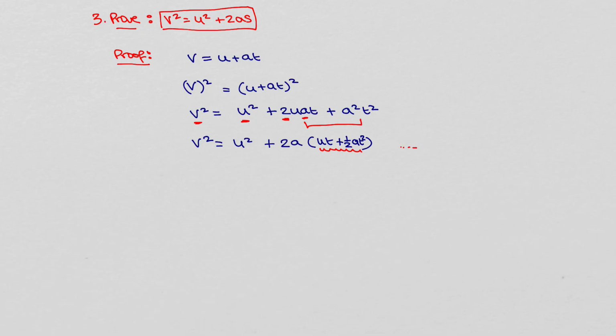So s equals ut plus a half at squared. So of course that leaves us with exactly what I'm looking for. v squared equals u squared plus 2as. So therefore that's our three equations of motion proved.